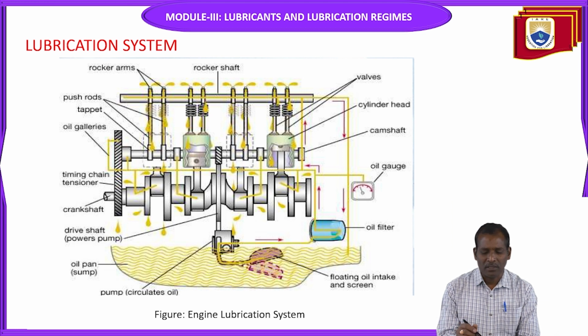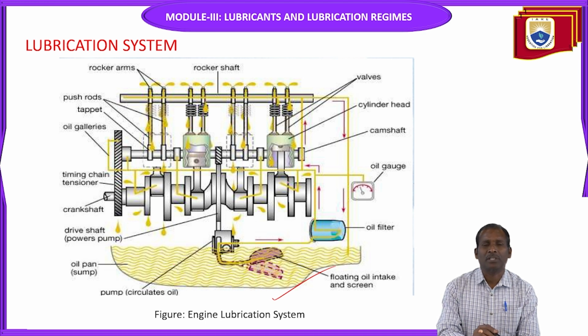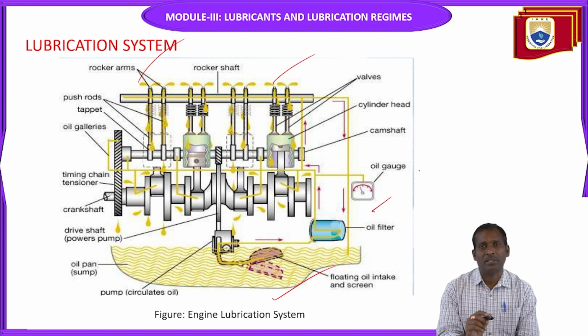The main source of lubrication is poured into the oil pan. From this, oil is supplied to various parts with the help of the lubrication system. You can see the cylinder head, valves, crankshaft, and rocker arms in this diagram.